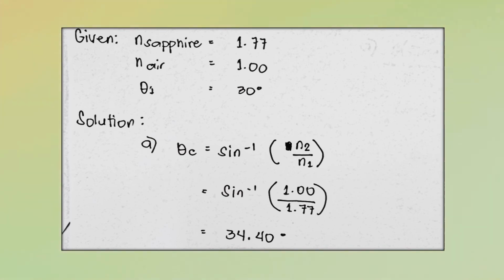Okay, so let's have first the given. The index of refraction of sapphire is 1.77 and the index of refraction of air is equal to 1. Now we have here the given angle, which is 30 degrees. Now to calculate for the critical angle, we have the formula theta is equal to sine negative 1 times n2 divided by n1.